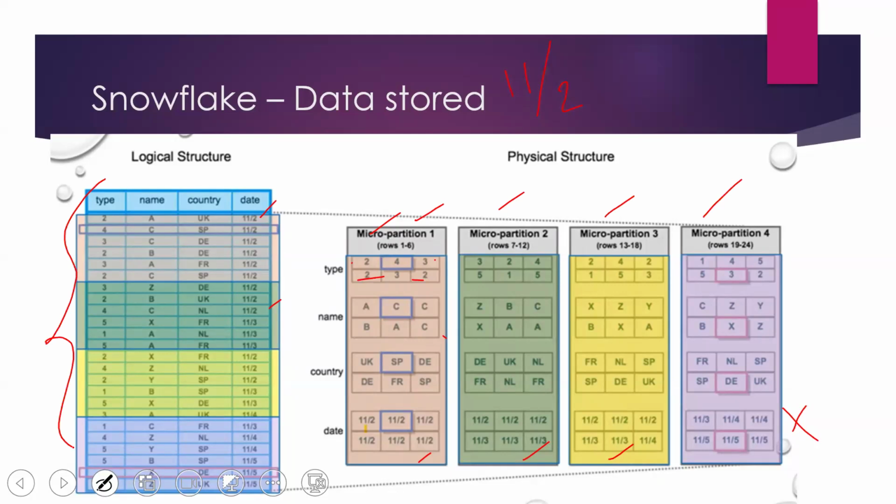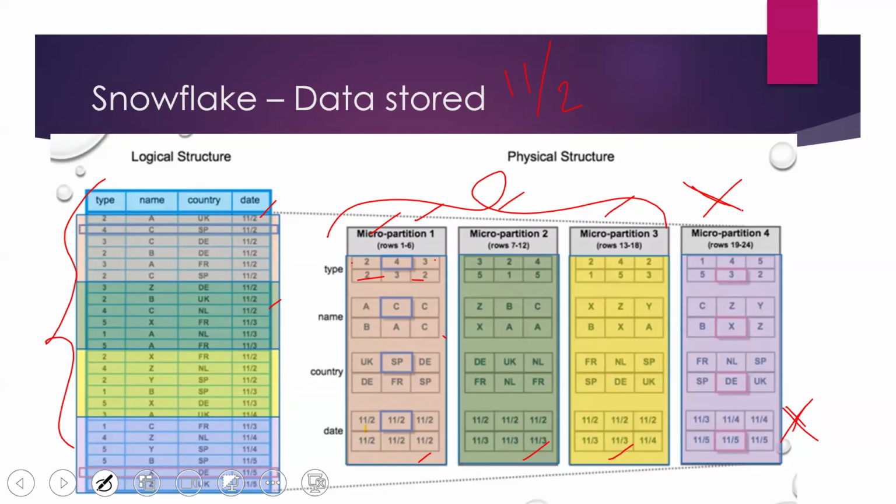Pruning means it will scan only the micro partitions which contain that particular data. For example, there is no 11/2 in the fourth micro partition. That's why it will scan only these 3 micro partitions and omit scanning this one, so that the performance will be improved.